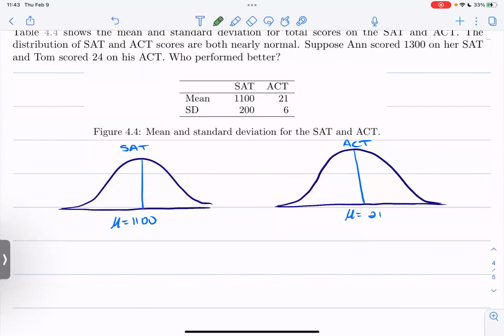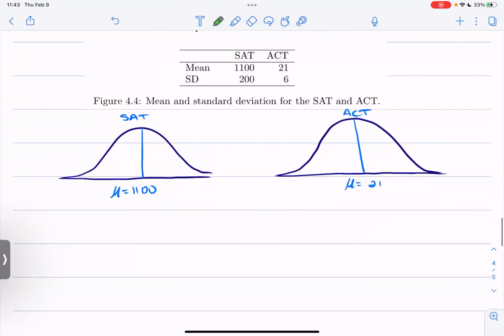Now, there are properties of the standard deviation that we'll get to, but in terms of sketching out the information, you're just going to write it somewhere in there. It doesn't have a line or anything on your curve. I just write it below my mean usually. And so sigma for the SATs is 200 and sigma for the ACTs is 6.